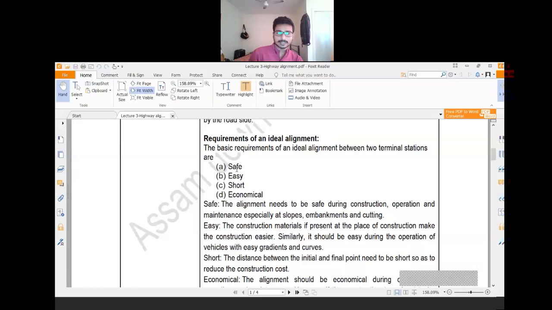Suppose there are some slopes and they are not stable, in that case some accident may occur. So the alignment should be very safe in terms of construction, operation, maintenance, and vehicle operation.